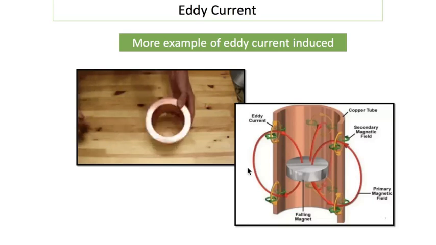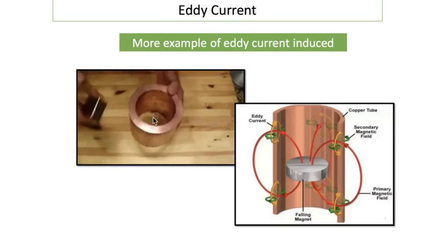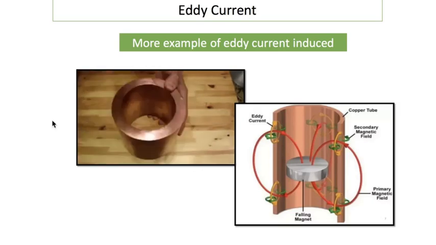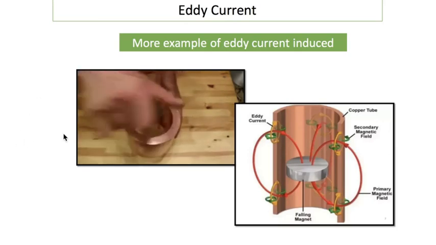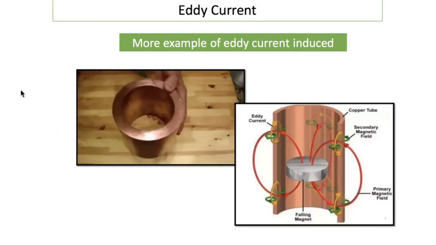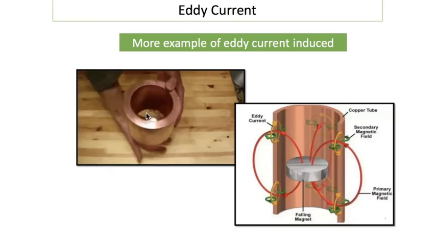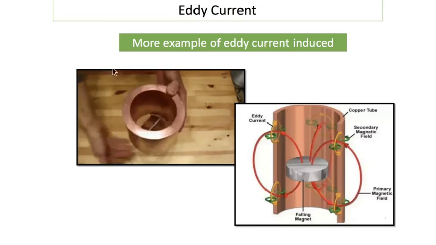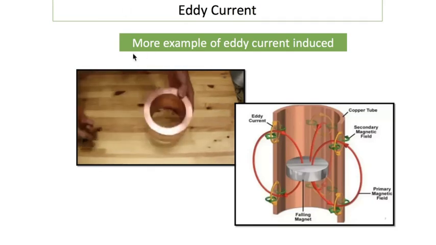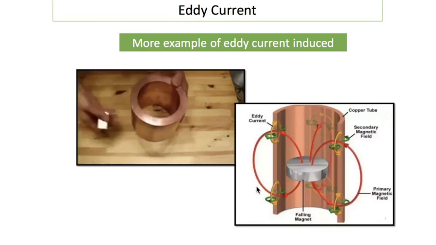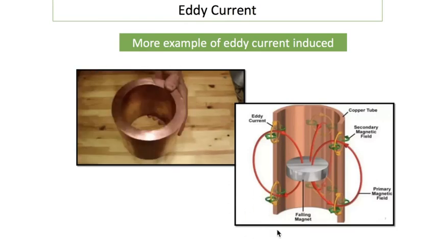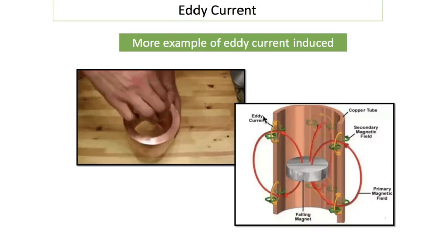So why is that? This is because when the magnetic field line cuts the metal tube, an EMF, or electromotive force, is produced. The EMF will then cause a current. This current will create a magnetic field which opposes the magnet's fall.